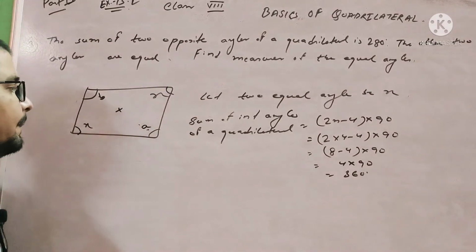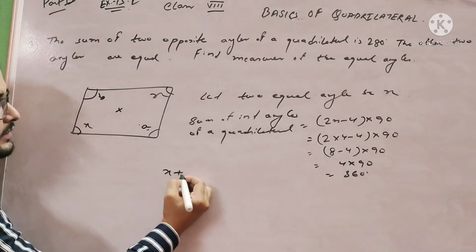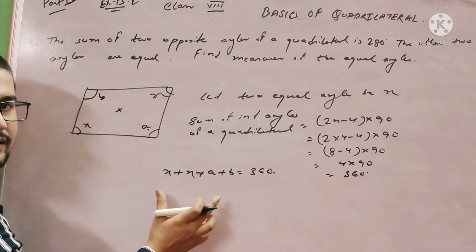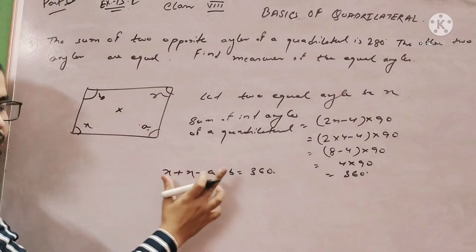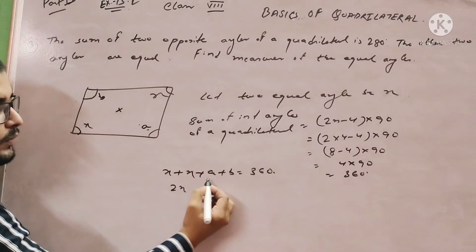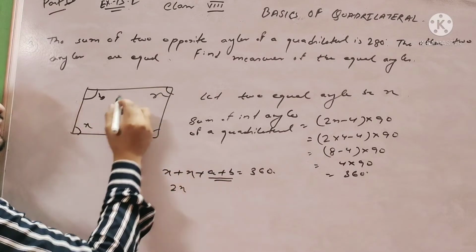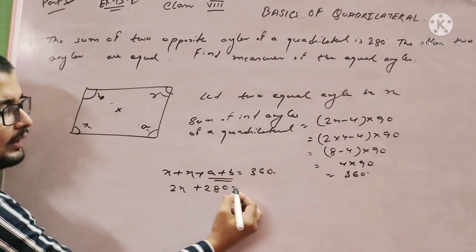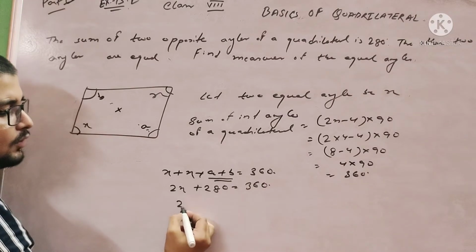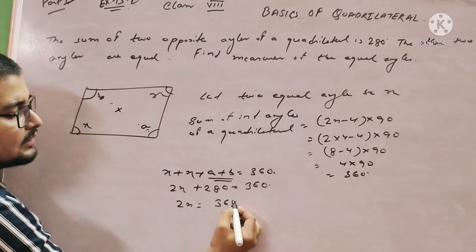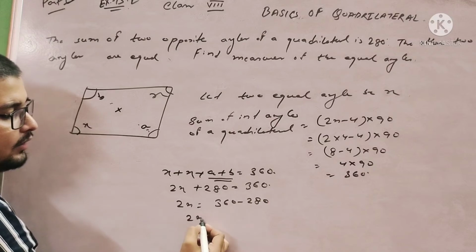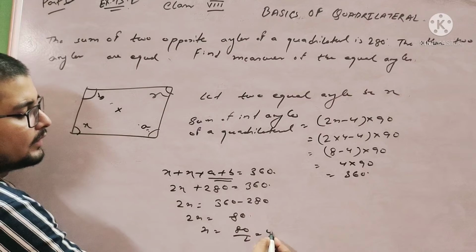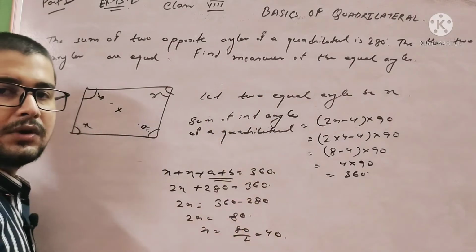So x plus x plus A plus B equals 360, because sum of all interior angles equals 360. That is 2x, and in place of A plus B we write 280, equals 360. So 2x equals 360 minus 280, that is 80. So x equals 80 by 2, that is 40. So the equal angle is 40 degrees.